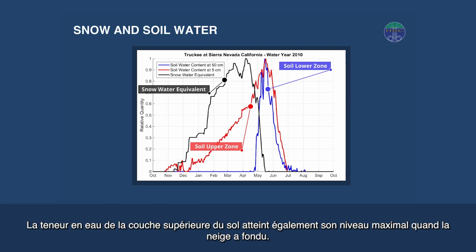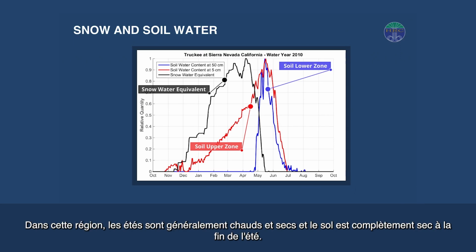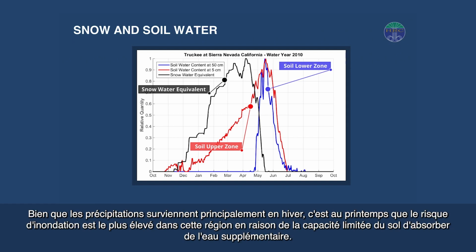The upper soil water content is also peaking when the snow is depleted. In this region, the summers are usually warm and dry, and the soil dries completely by the end of the summer. It is seen that in this region, although precipitation occurs mainly during the winter, the highest risk for flooding, because of the limited capacity of the soil to absorb additional water, is during the spring.